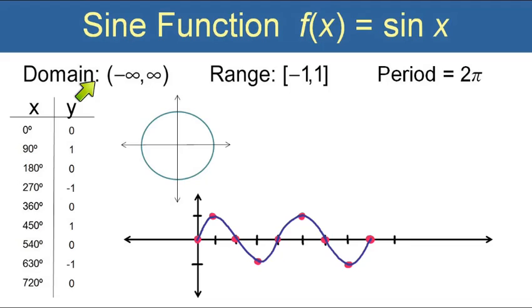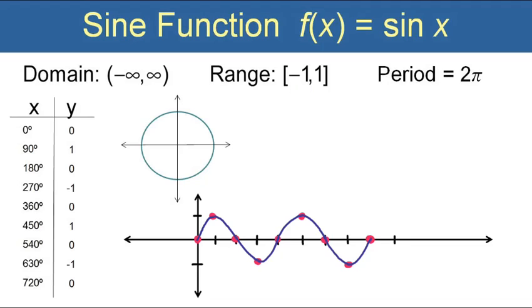Now, the domain of the sine function is negative infinity to positive infinity. And domain, if you remember from algebra, is all of the x values that can be plugged into a function. So any angle can be plugged in, therefore the domain is negative infinity to positive infinity. The range, however, is all of the y values that we can get out of the function.